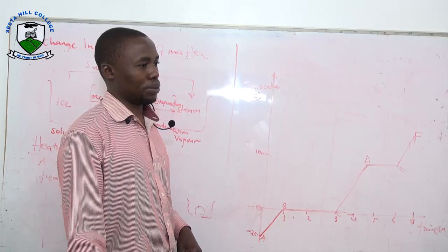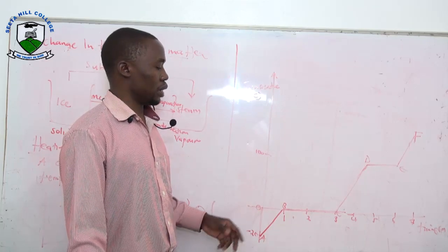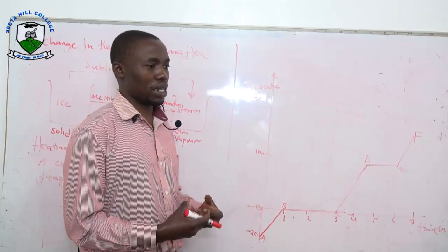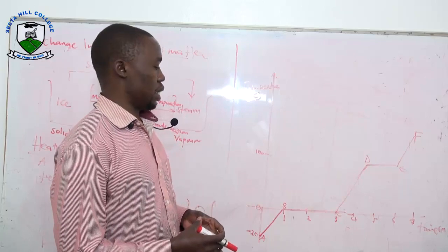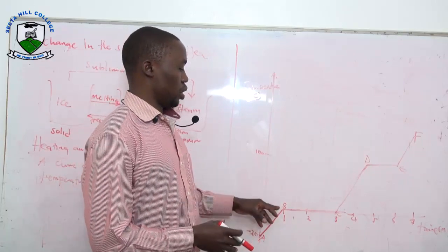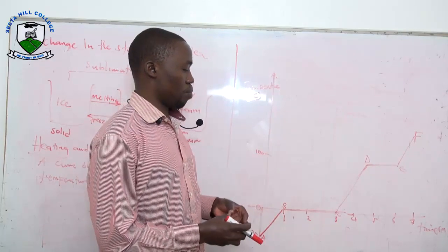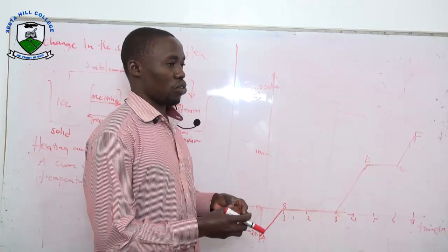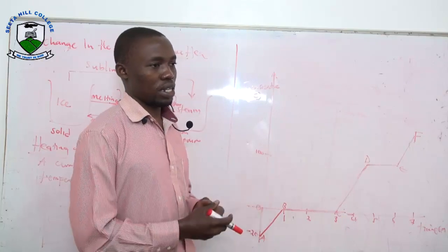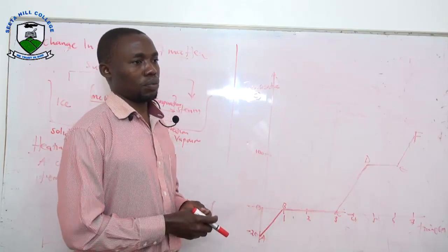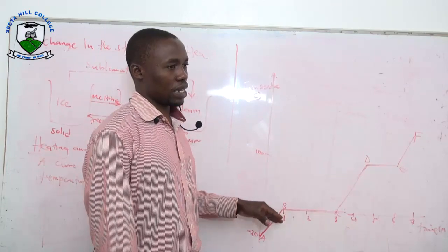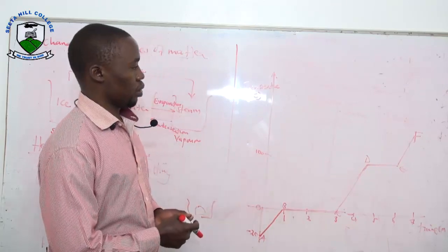The heat being supplied is not to increase temperature again, but has broken the forces, and now the molecules are just spreading freely. Always when there is change from one state to another, temperature has to remain constant.